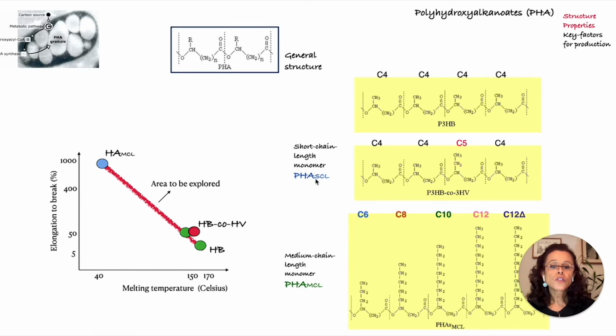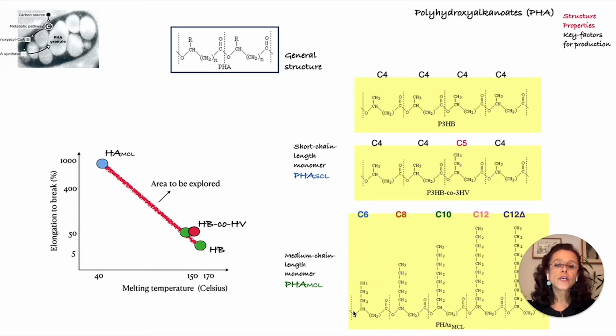And it is considered a short chain length monomer, as well as the C5 monomers. If you combine C4 and C5 monomers, you have HBHV, and you can increase the elongation to break 10 times, improving material properties and application.